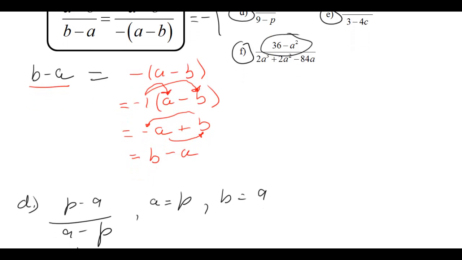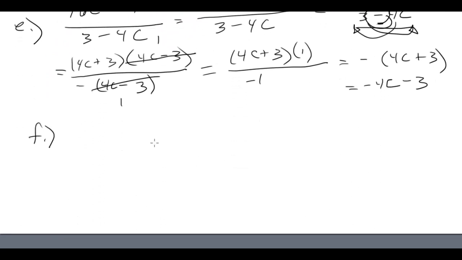So we got 36 minus a squared over 2a cubed plus 2a squared minus 84a. I think we got some factoring to do.